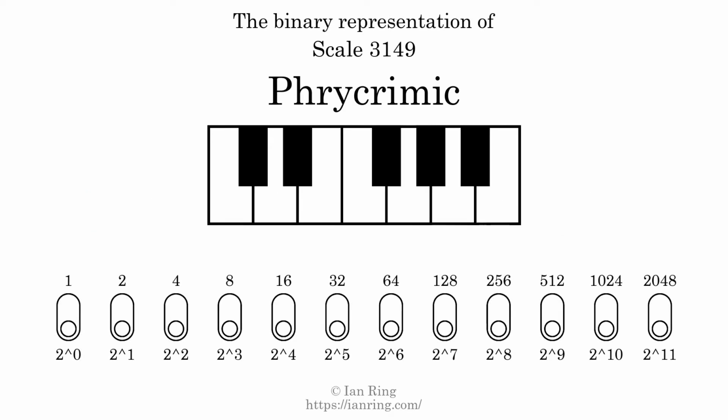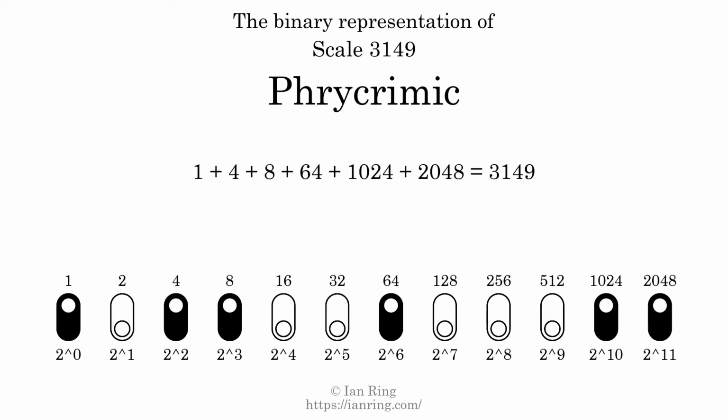The binary representation of this scale is determined by mapping tones of the scale to binary digits. Each binary digit represents a power of 2. To get the scale number, we add the powers of 2 together. The powers of 2 that are present in the scale, all added together, equals 3149.